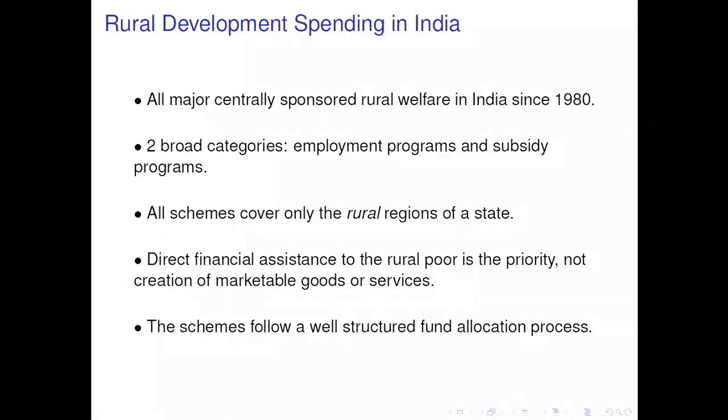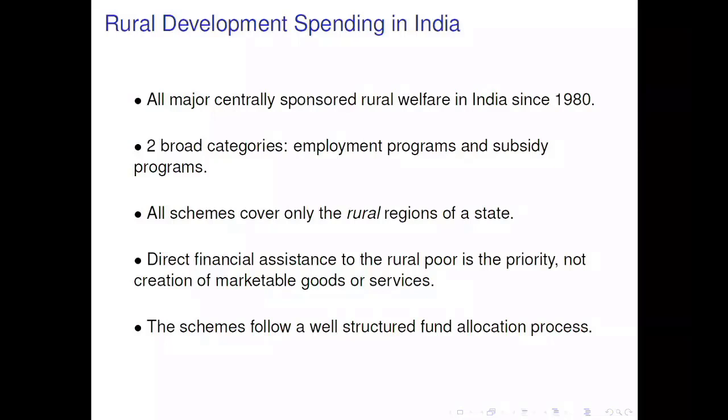A bit about these programs. As I said, all major centrally sponsored rural welfare programs were taken since 1980. There are two broad categories between these programs. The first is an employment program in which the government pays you minimum wage in return for some manual labor that may be used to construct some productive public infrastructure in the rural economy.